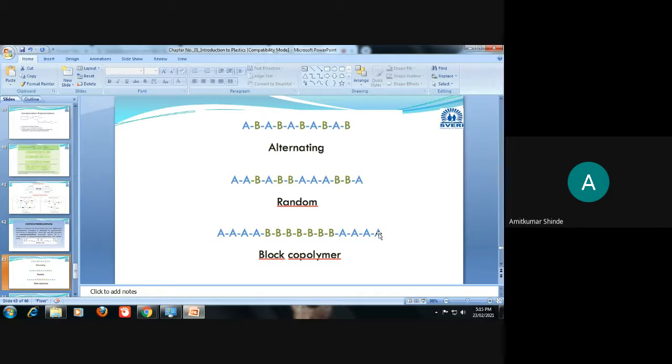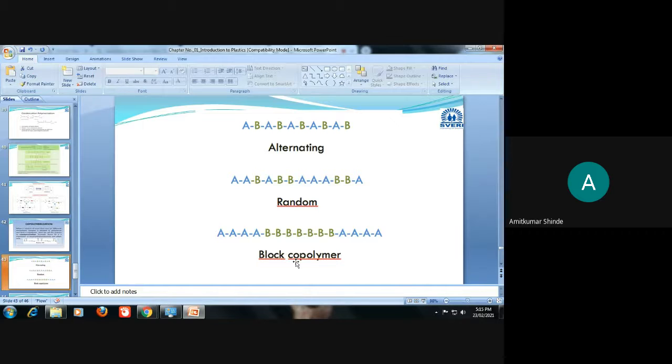The number of monomers is not fixed. There may be 3 A monomers or 3 B monomers, or 5 or 6. One block will be formed by A monomers, one block by B monomers, and they will get attached to each other. This is block copolymerization.